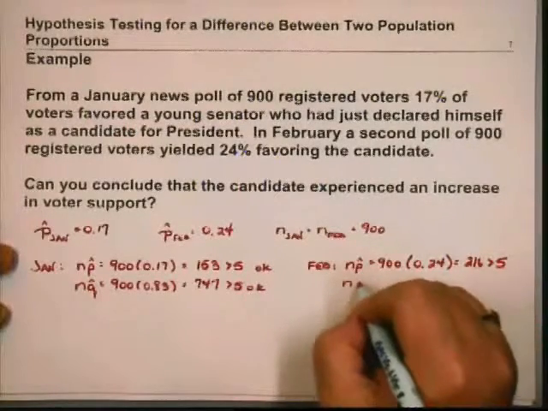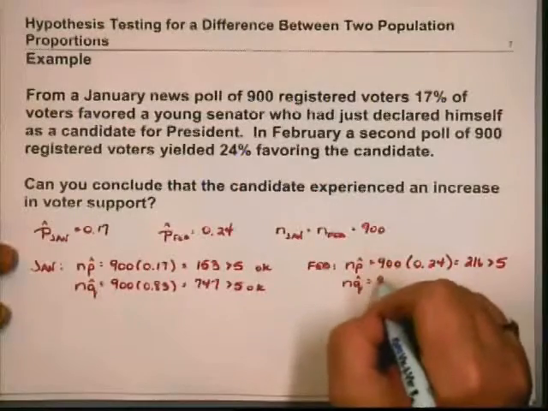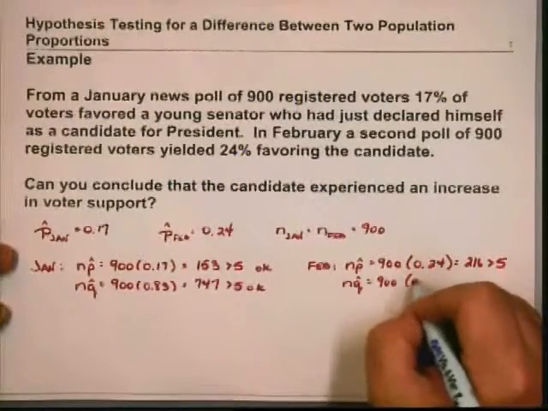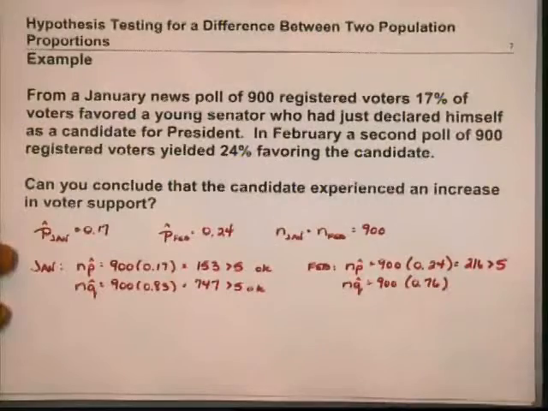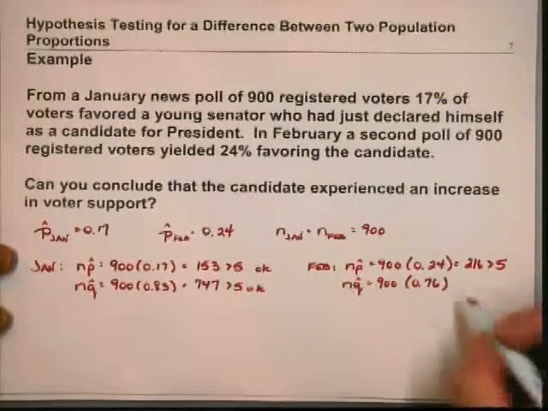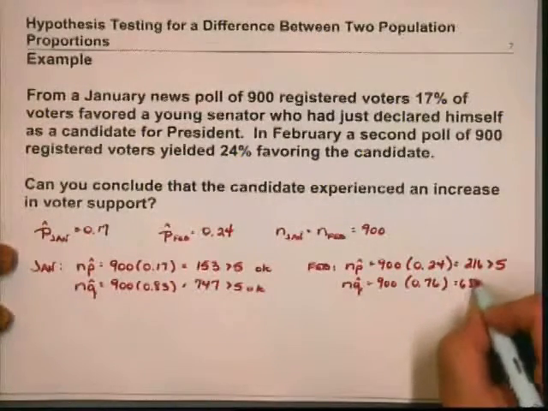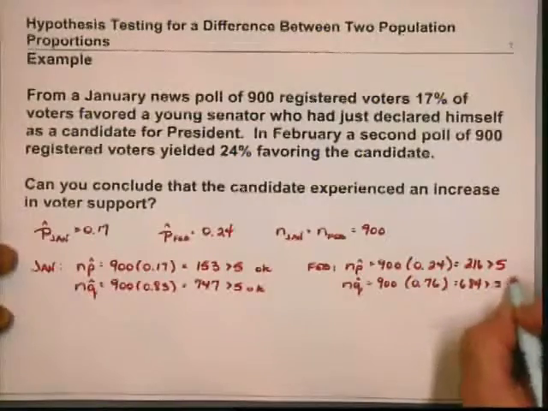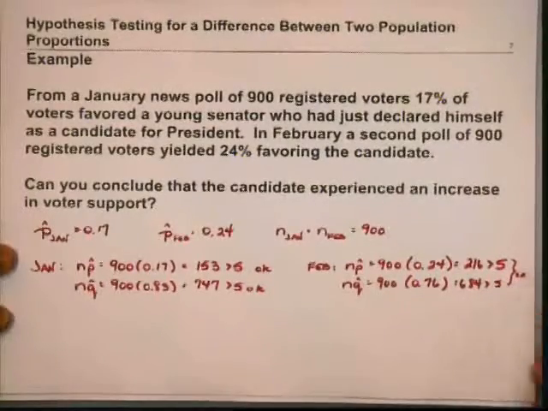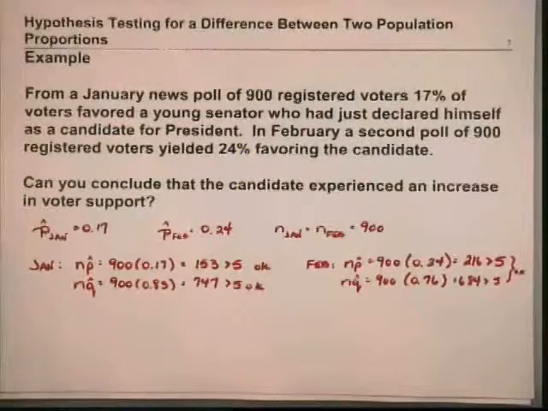And NQ hat, multiplying 900 by 0.76, I have 684. And both those are okay. So our large sample size condition is met. All right.